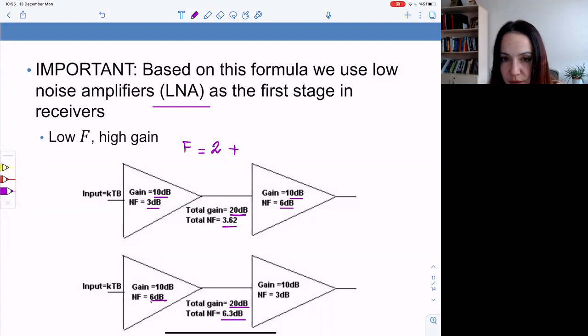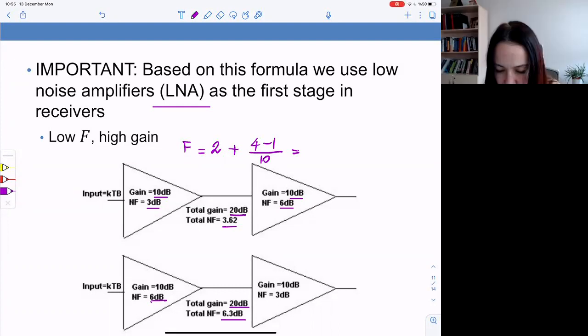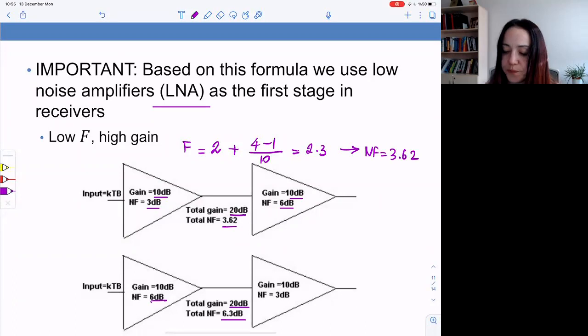What is the second noise factor? 6 dB. 6 dB corresponds to 4. 4 minus 1 over 10, which is, did I do this right? Yeah. I'm doing this right. Okay, so 2.3, which corresponds to a noise figure of 3.62. Okay, let's do the other computation.